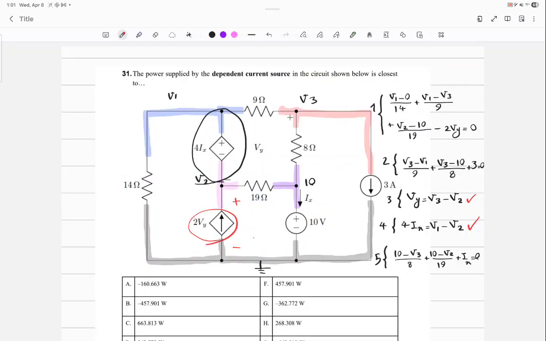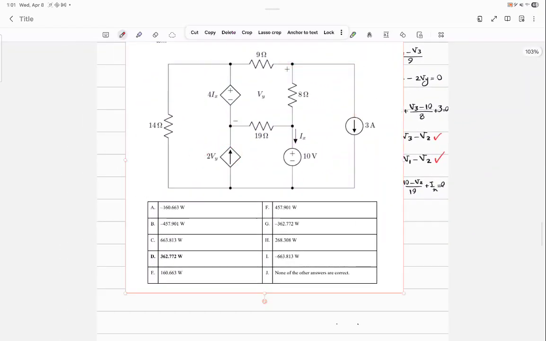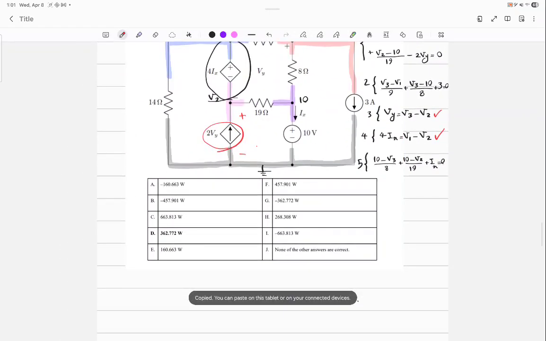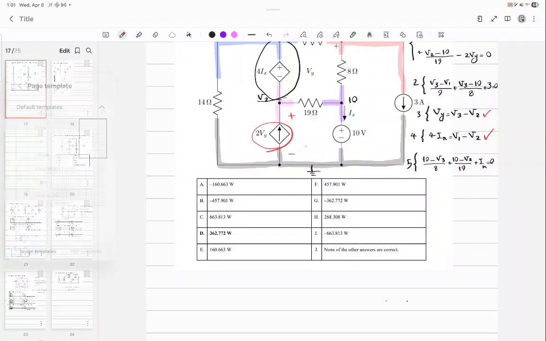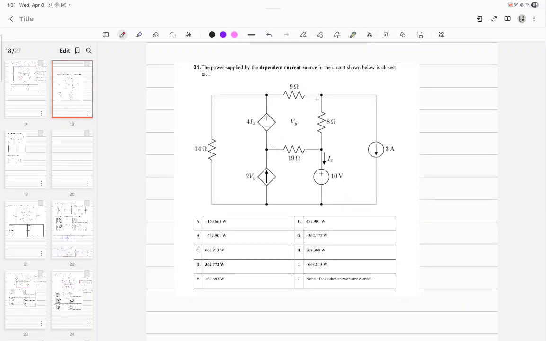Yeah. Could you do mesh? Yes, I'm going to do mesh next. I1, I2, I3, and 3 amps, right?